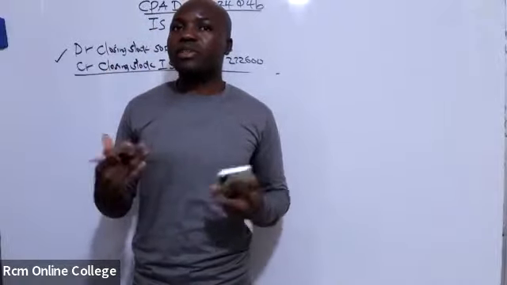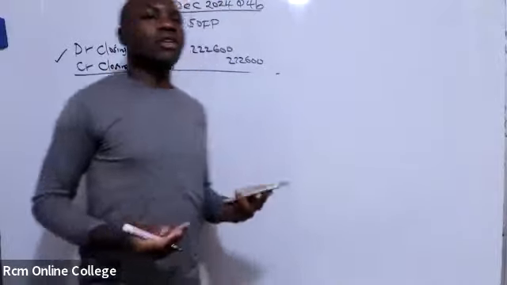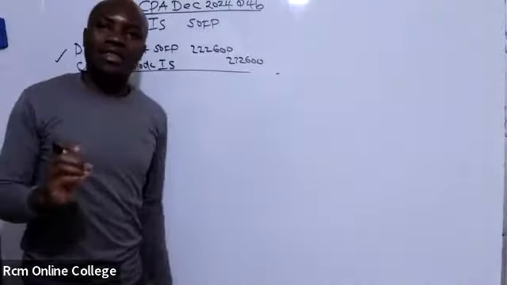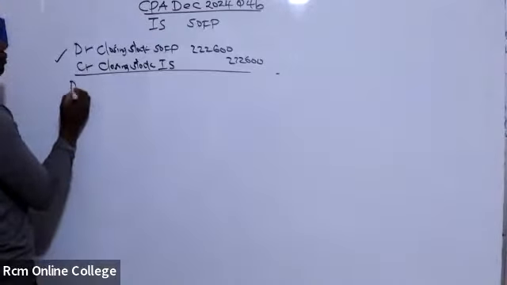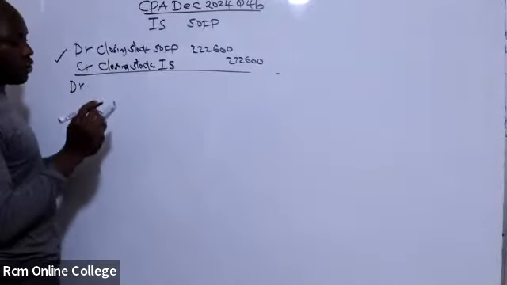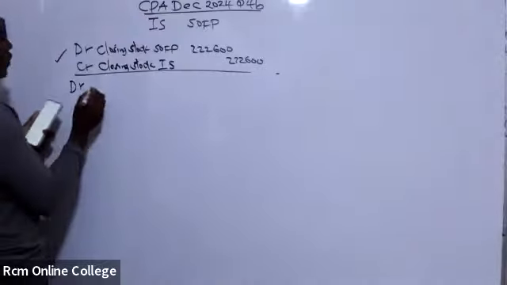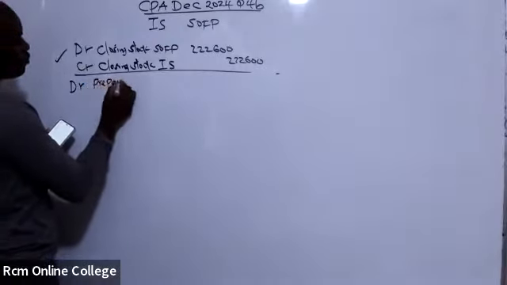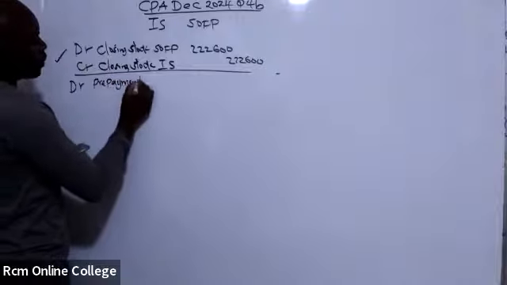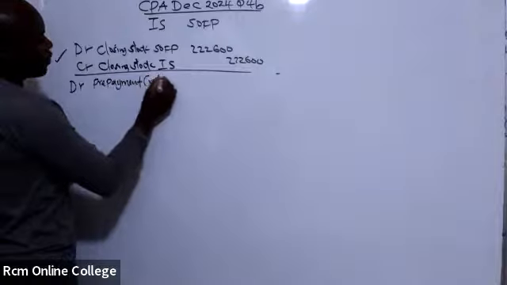Now, the moment you talk about an asset, it will be debited. So we debit the prepayment. Which item is this? Prepayment on rates. Prepayments account, and of course, we're talking about rates.